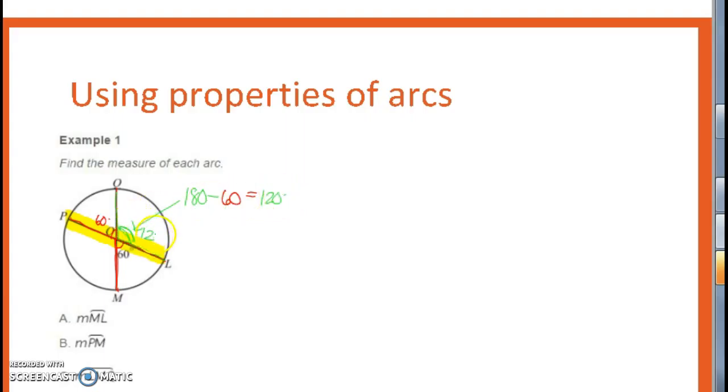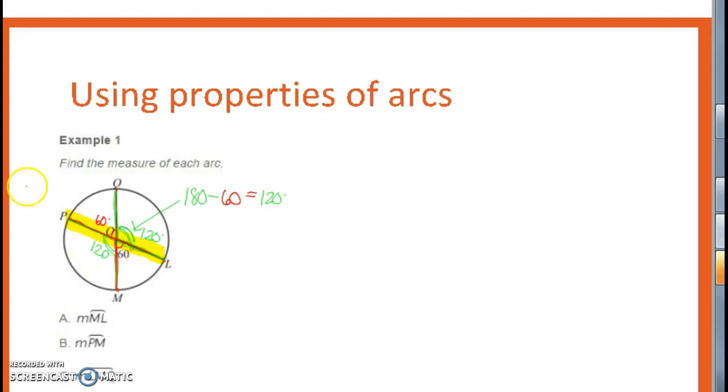Now you might say, why do I care about this? They're only asking for arc measures. Well, we can know a lot about circles when we find angle measures and then look at the arcs subtending each of those central angle measures. That'll give us an idea of the arcs around the outside of the circle. So again, using the vertical angles theorem, if I extend these green lines, then I know this angle here is also 120 degrees.